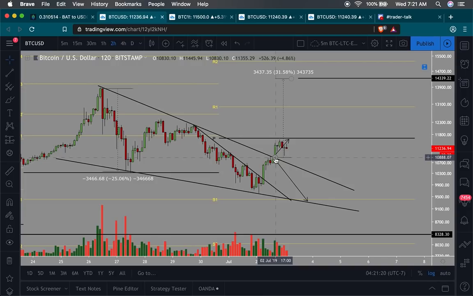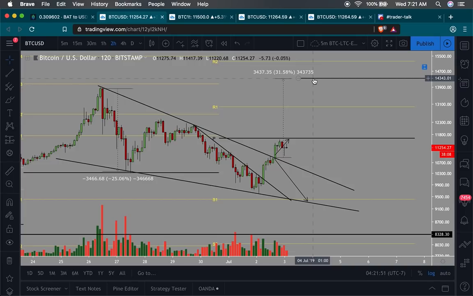A confirmation of a 1-hour or 4-hour candle is best, and then the target of the wedge is usually the height of the first top to the bottom low, which is really the height of the wedge itself. And then you just take this and you map it out from the breakout spot, and that makes our target for the falling wedge around 14,300 or so, right there where I've marked it. Okay.